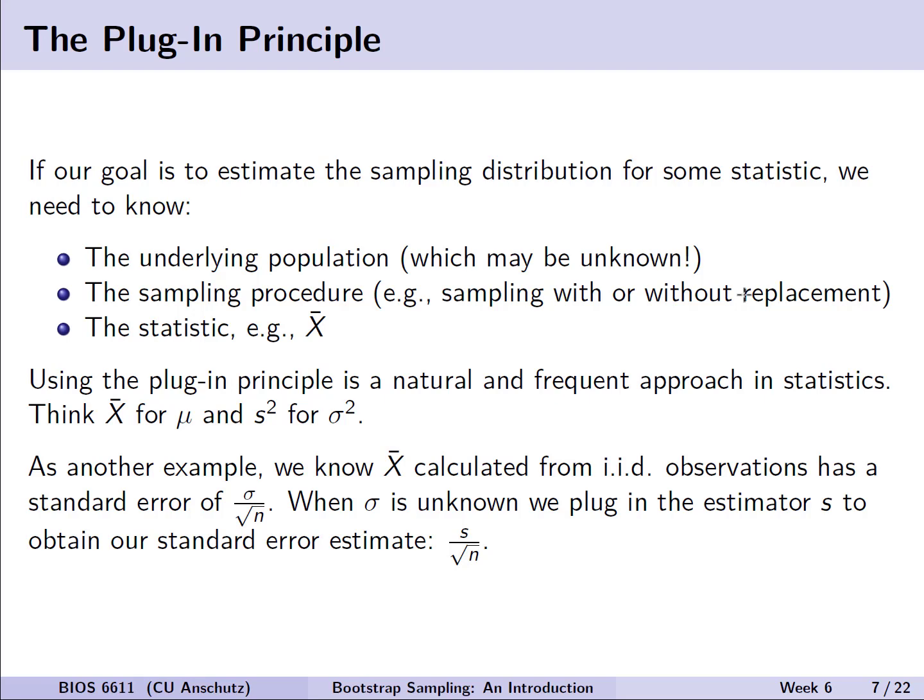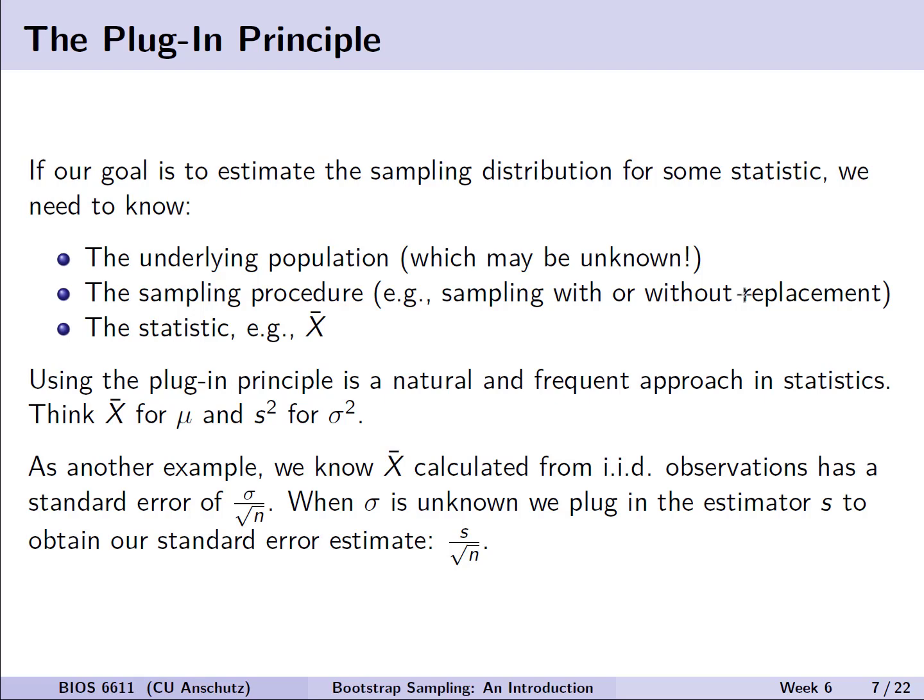Now, actually, the plug-in principle is a natural and frequent approach we've been using. For example, we don't really, in most cases at least, know what the true mean mu and the true variance sigma squared are, but we actually estimate them and plug them in with X bar or s squared. Or even to connect these dots a little more, we know that X bar calculated from independent and identically distributed, or IID, observations has a standard error that we can represent by sigma over square root of n.